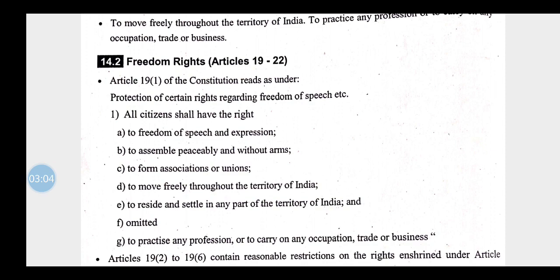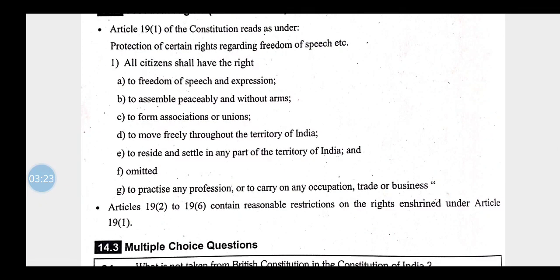Protection of certain rights regarding freedom of speech, etc. So the first one is all citizens shall have the right to freedom of speech and expression, then to assemble peacefully and without arms, then to form associations or unions, then to move freely throughout the territory of India, then to reside and settle in any part of the territory of India, and the next is omitted, and the last one is to practice any profession or to carry on any occupation, trade or business.